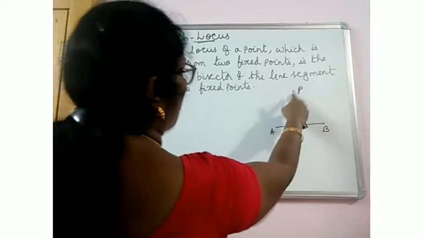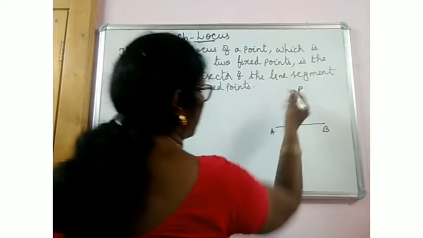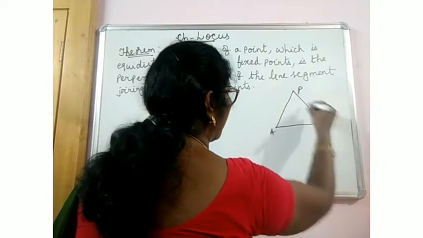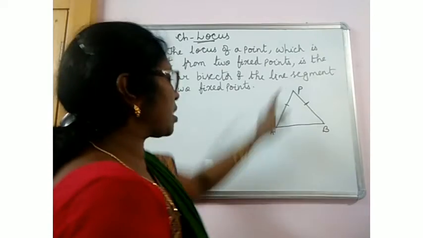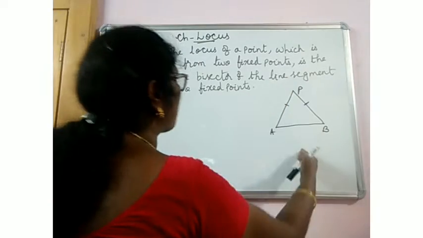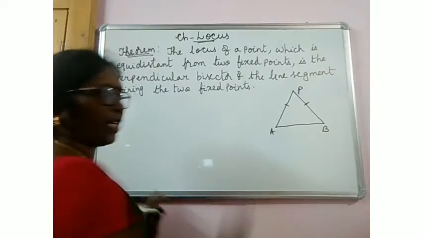The locus of point P which is equidistant from A and B, that means PA is equal to PB, is the perpendicular bisector of the line segment joining these two fixed points.